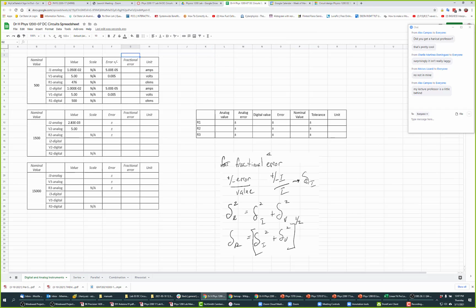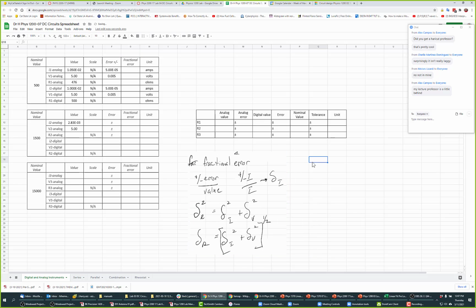And the definition of fractional error is the plus minus divided by the value. And in this case now we can just use the fill handle.